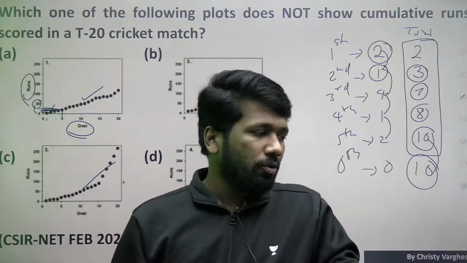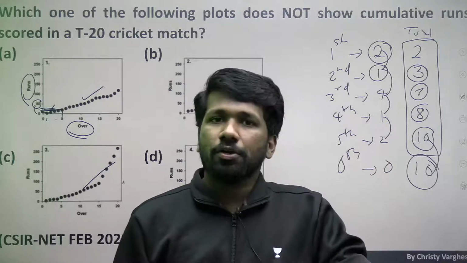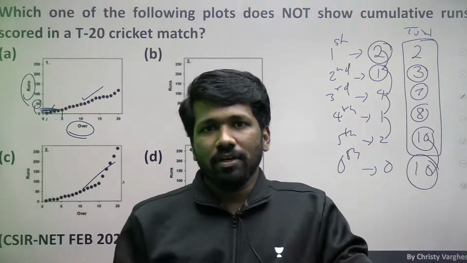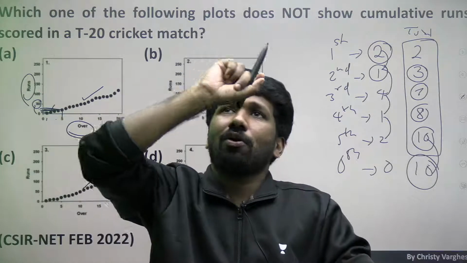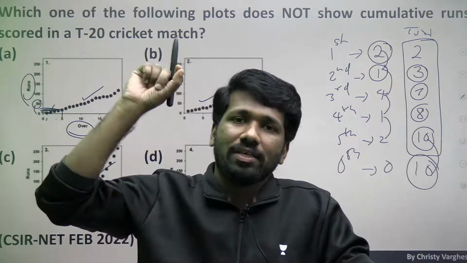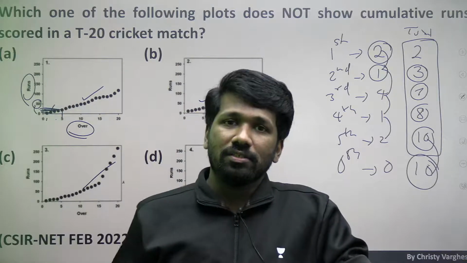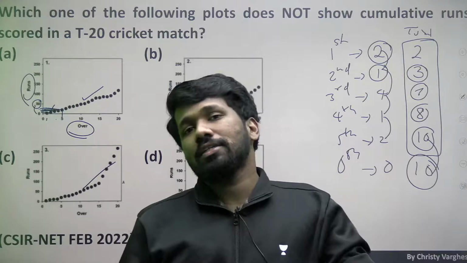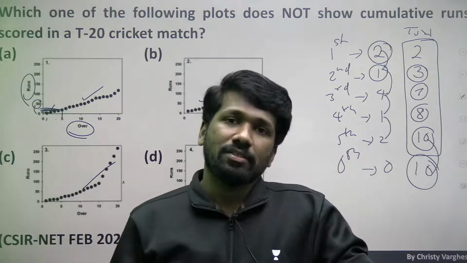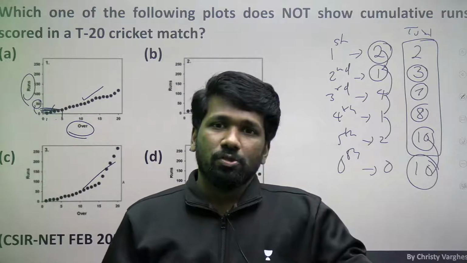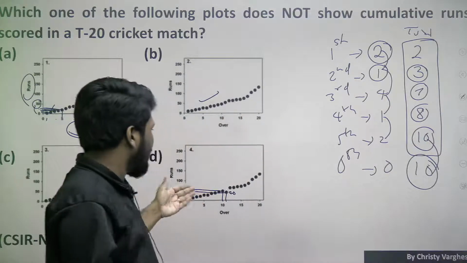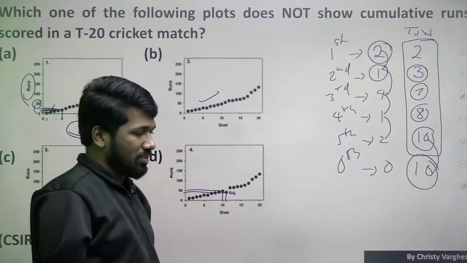For example, you went to your friend's home and came back to your home. If you plot your distance time graph, distance will either be increasing or be parallel to the x-axis. It can never decrease. Even if you are not moving, the already covered distance will not reduce, right? It will remain the same. So just like total distance does not decrease, total runs in a cricket match cannot decrease.